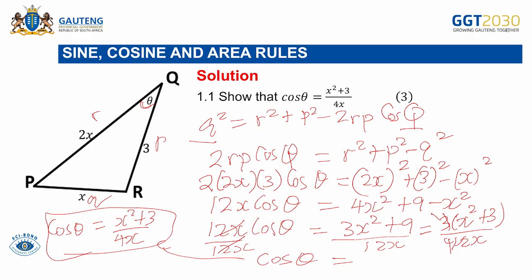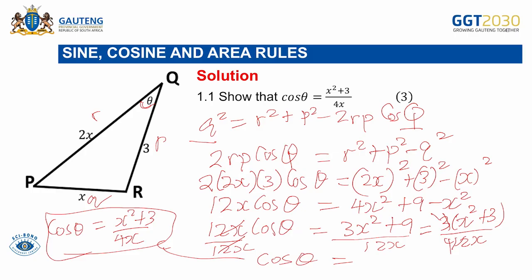So you should have noticed here that I can apply the cosine rule. How do I know I can apply the cosine rule? The cosine rule can be used to find an angle when all 3 sides are given. In this question, all 3 sides are given. Once 3 sides are given, whatever angle you want to find, you can apply the cosine rule.